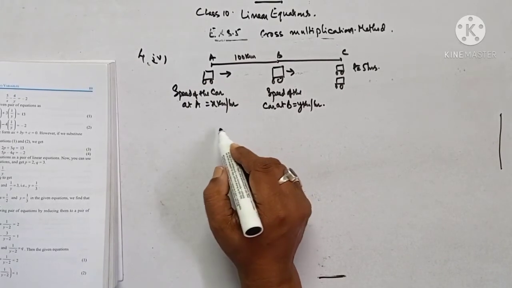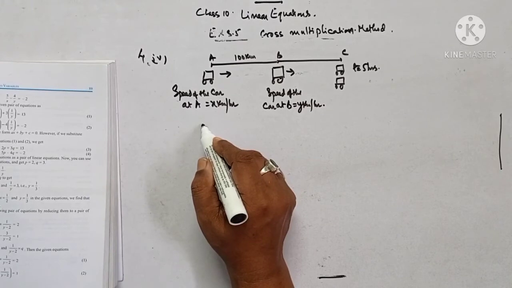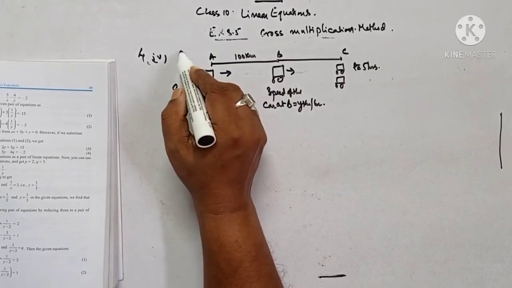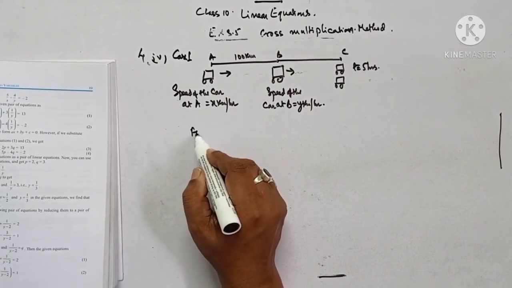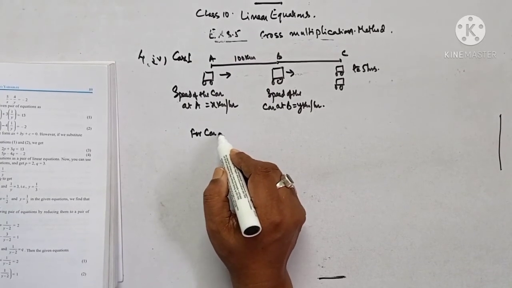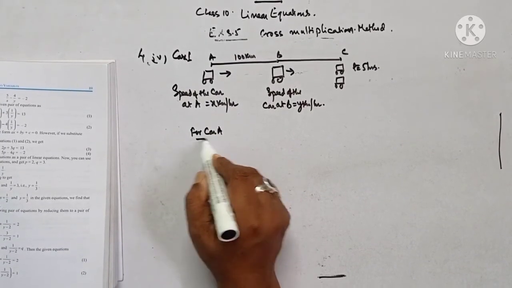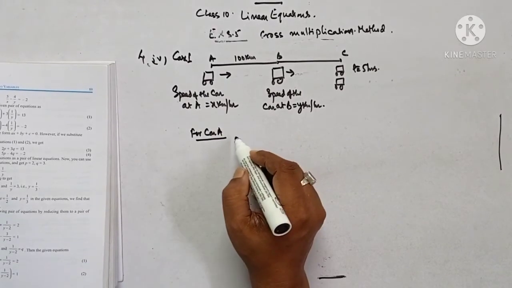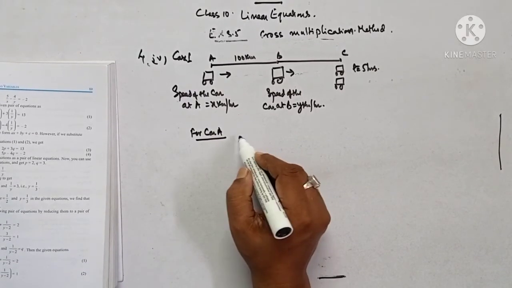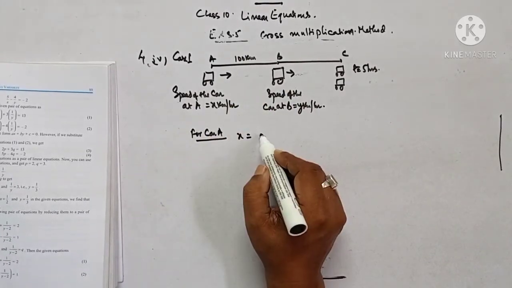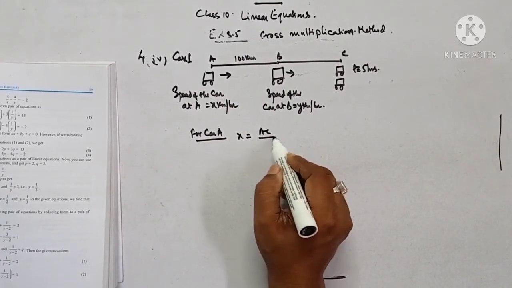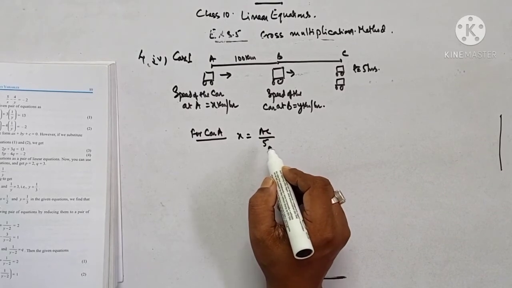This is case 1. For car A, x is equal to distance covered AC by time taken 5.